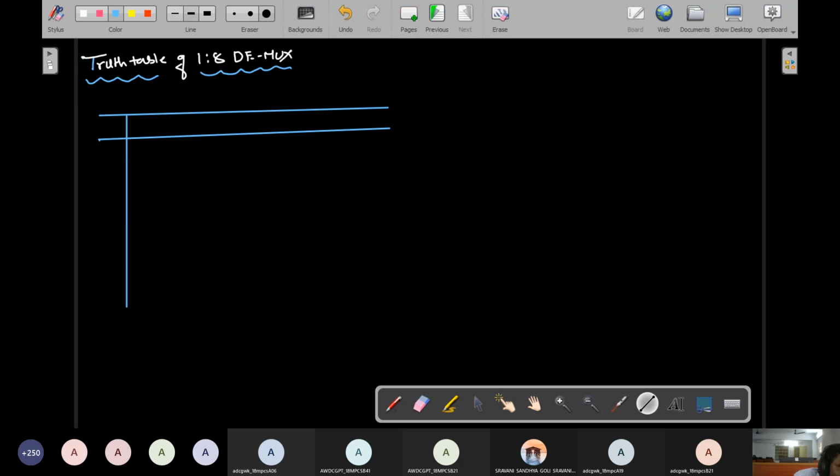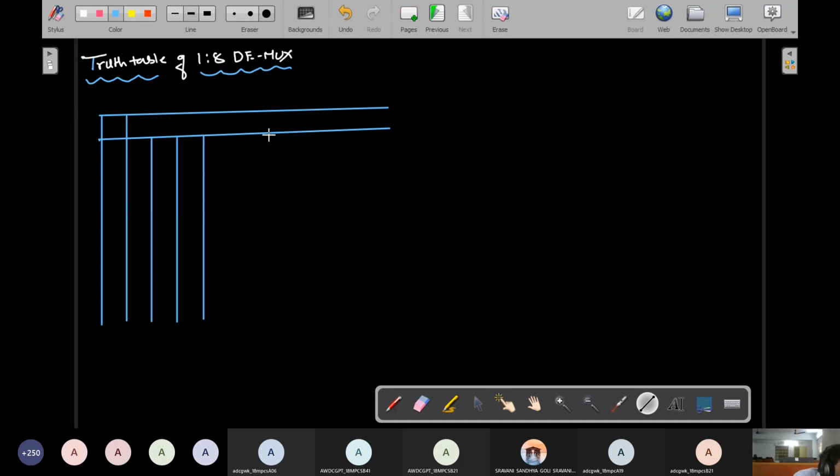This is the input line, and the selecting lines are 3. These are the input, and we have 3 selecting lines: 1, 2, 3.